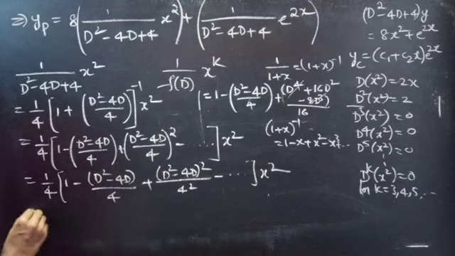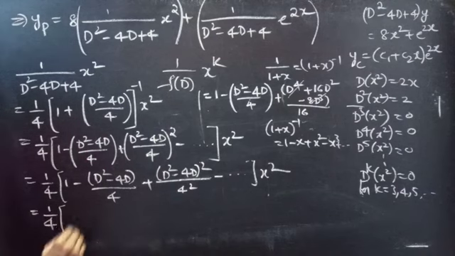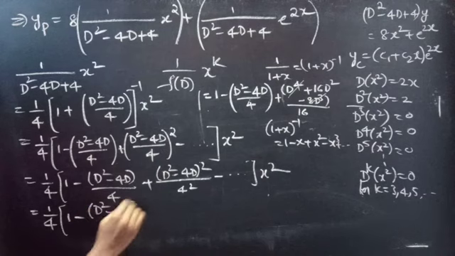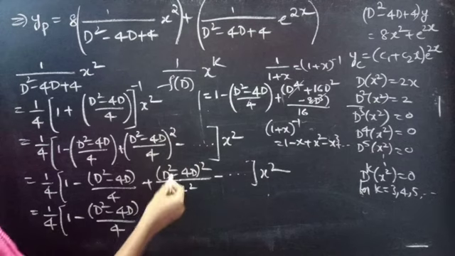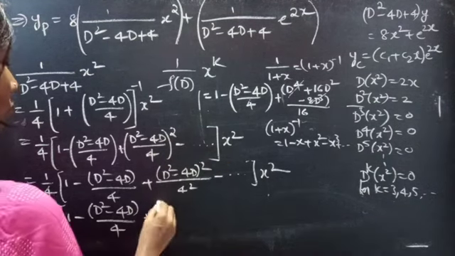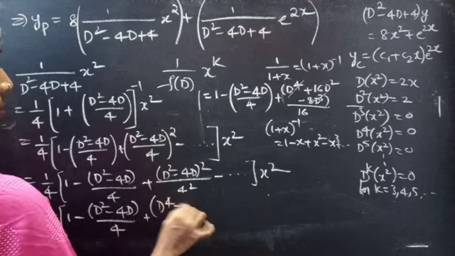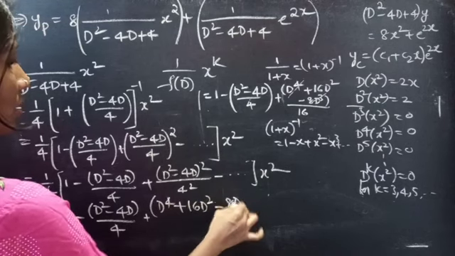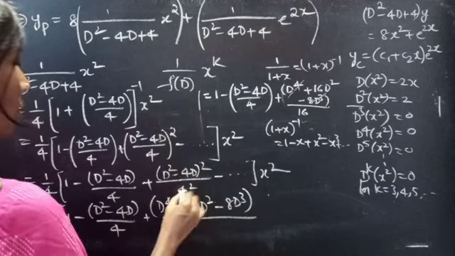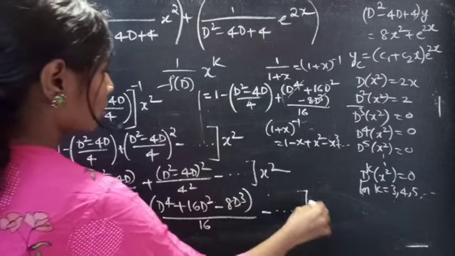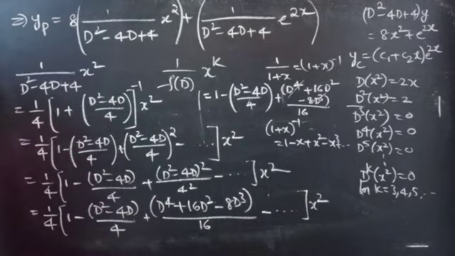This equals 1 by 4 into 1 minus (d square minus 4d) by 4 plus, expanding (a minus b) whole square, d power 4 plus 16d square minus 8d cube by 4 square 16, minus so on, into x square.